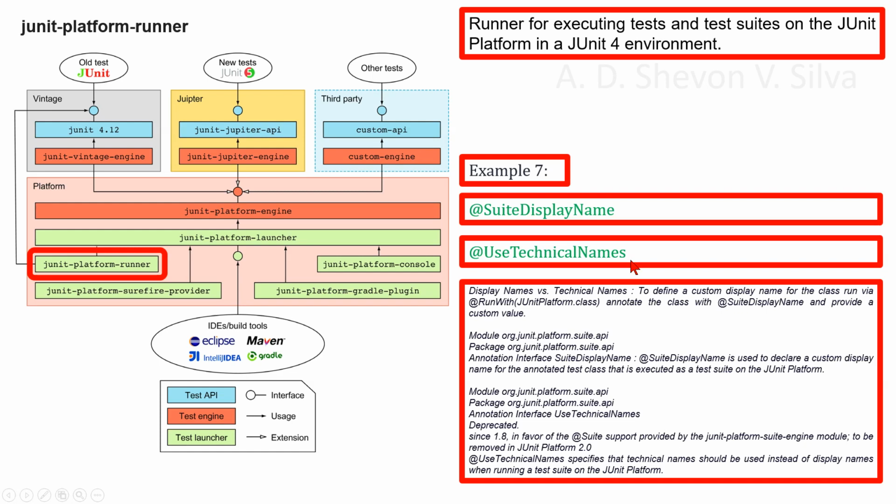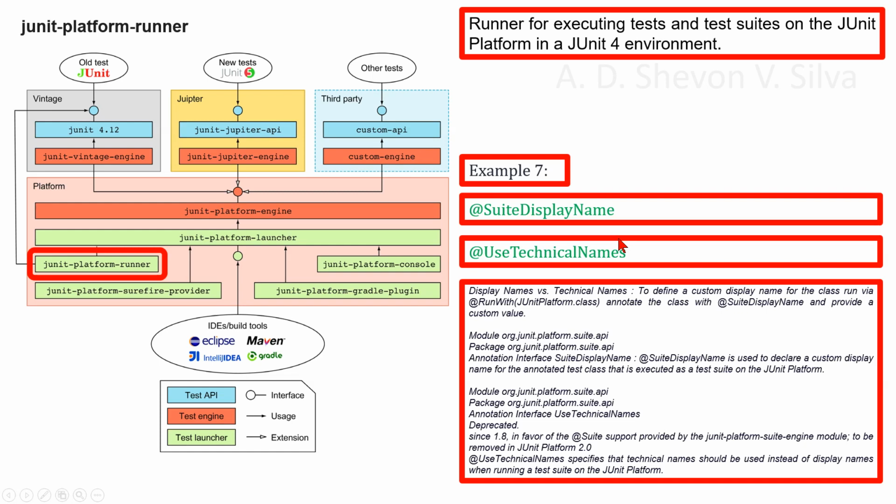By default, display names will be used for test artifacts. However, when the JUnit platform runner is used to execute tests with the build tool such as Gradle or Maven, the generated test report often needs to include the technical names of the test artifacts. For example, fully qualified class names instead of shorter display names like simple name of a test class or custom display name containing special characters.